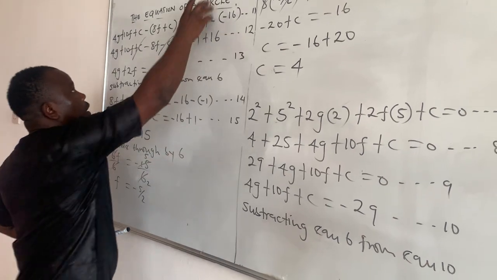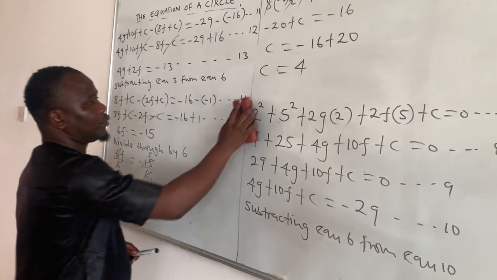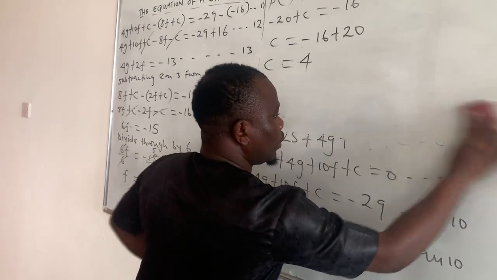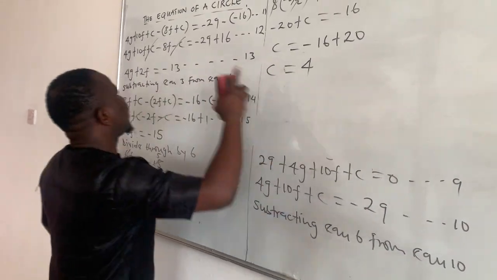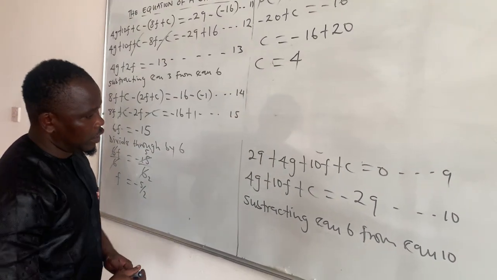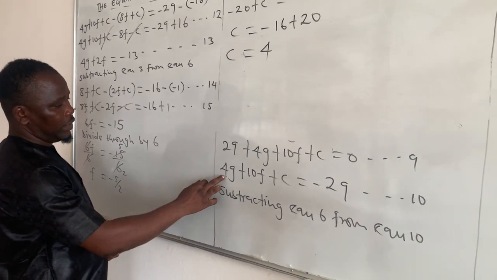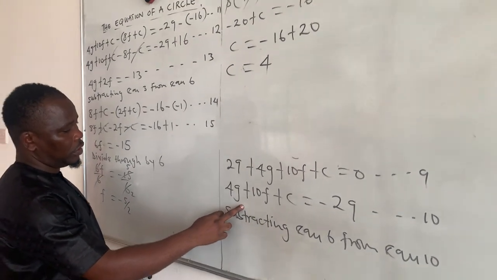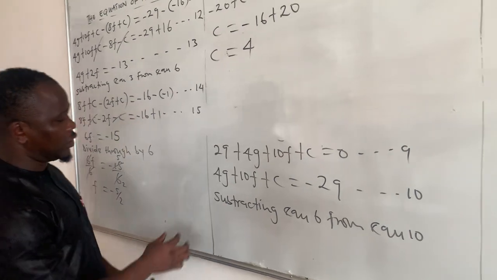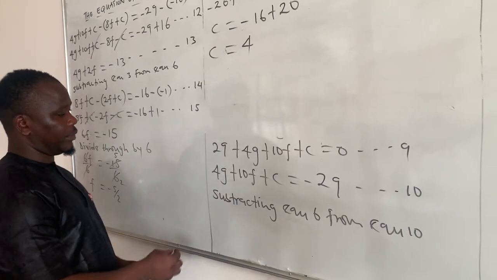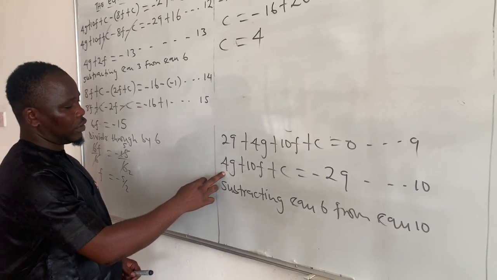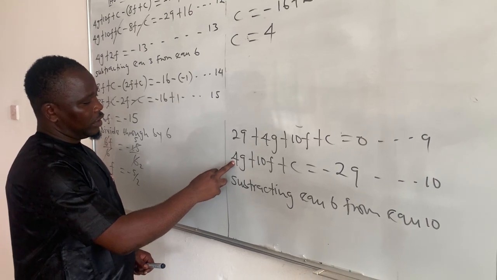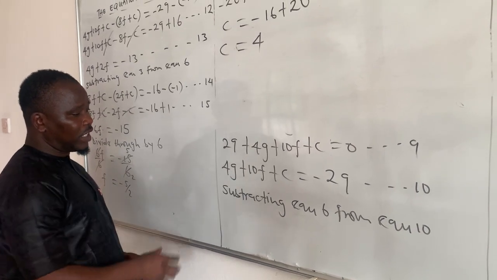Let us recall equation 10. Look at equation 10 here. 4g, not the network we are using to browse. This is 4g plus, this is mathematics.